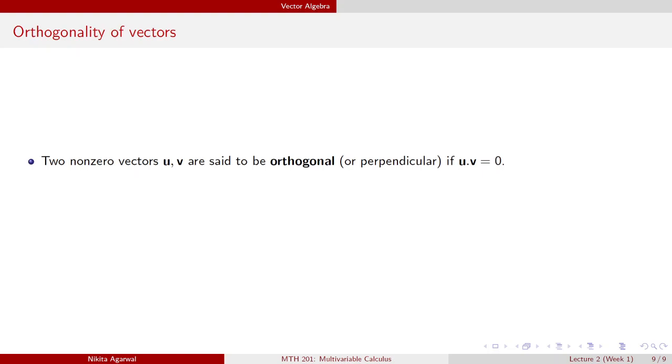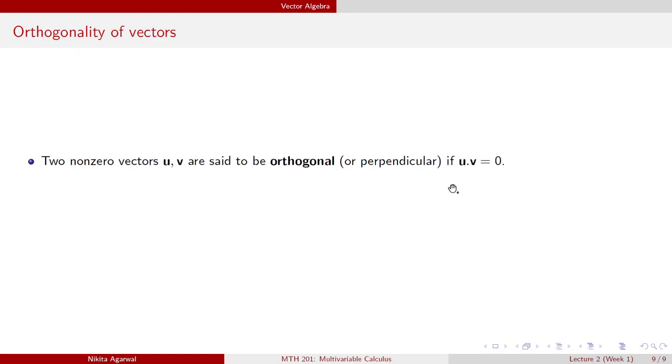Okay, now finally let us look at the concept of orthogonality of vectors. So you have seen this term orthogonal in linear algebra, right? Which meant perpendicular. So it's the same concept here. So two non-zero vectors u and v are said to be orthogonal or perpendicular if their dot product is 0.